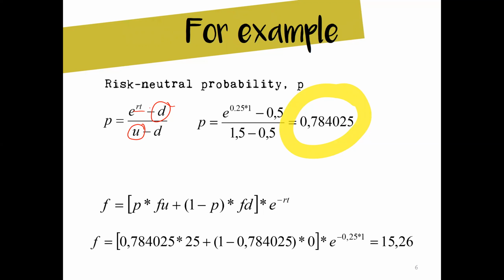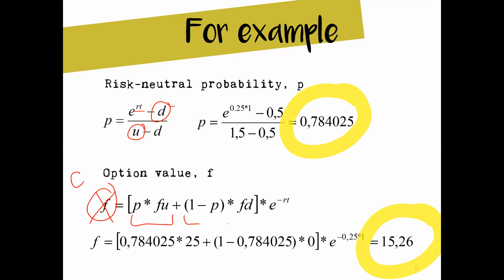It will always be a number between 0 and 1. And then we have the option value. In this case, we are calling it F because it could be a call option or a put option. Sometimes you will just see the name C. This is the premium that we estimate for the option, how much the contract is worth. And as you can see, it's a weighted average with probabilities.